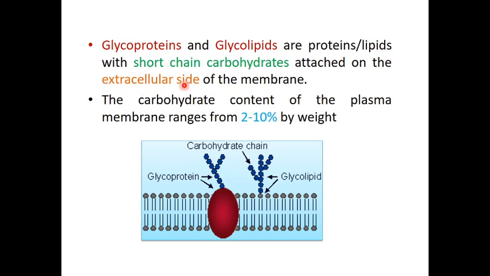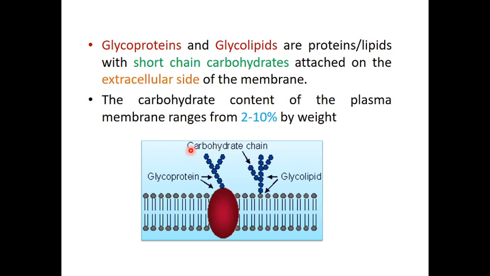Get this technical term also: extracellular means outside the cell, outside the cell membrane. The carbohydrate content of the plasma membrane ranges from 2 to 10% by weight, protein is approximately 40%, and lipid is the major percentage.